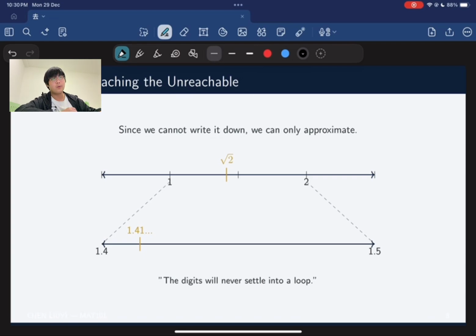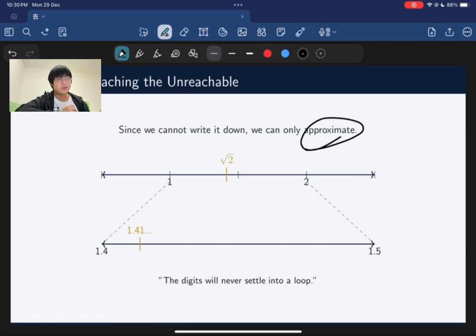Since we have proven it is irrational, we know its decimals never repeat. We can never write it down completely. We can only approach it. We can only approximate it. First, we know it is between 1.4 and 1.5.